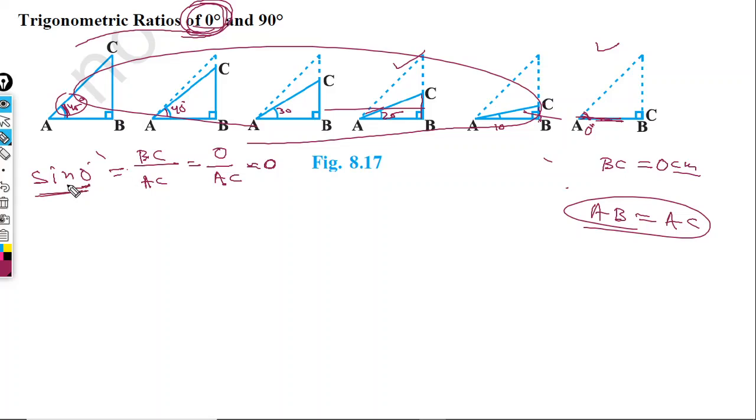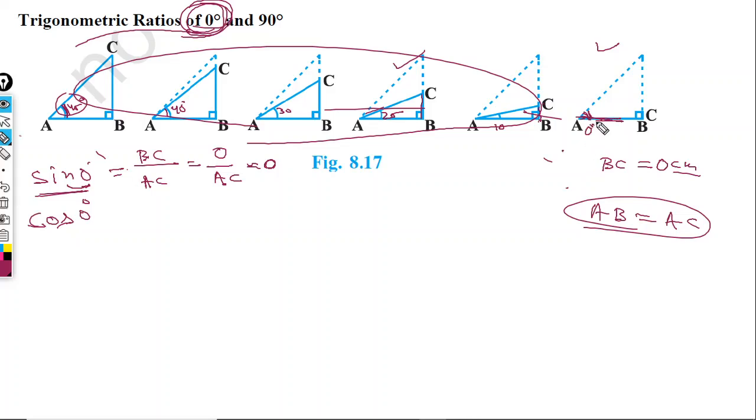Now we will move to cos 0 degree. Cos 0 degree means adjacent side divided by hypotenuse.